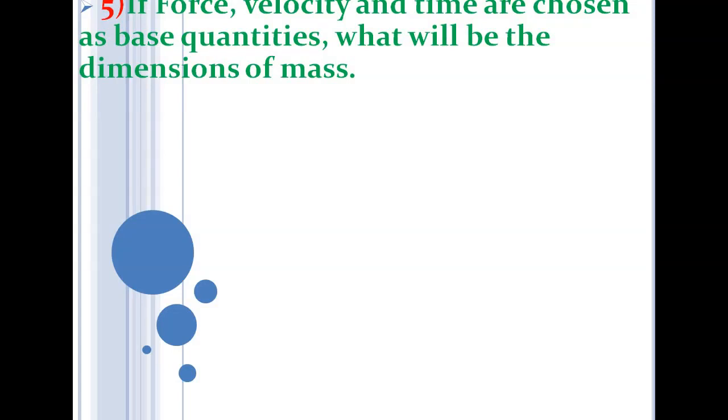Let's go for the next question. If force, velocity and time are chosen as base quantities (in general mass, length and time are the base quantities, but in this question force, velocity and time are mentioned as the base quantities), then what will be the dimension of the mass?